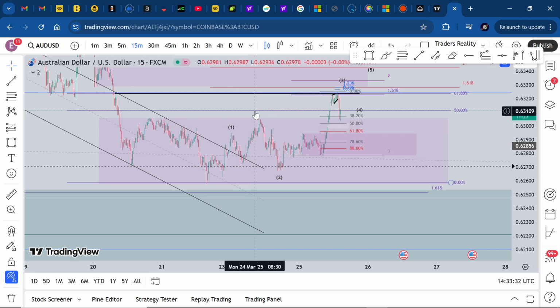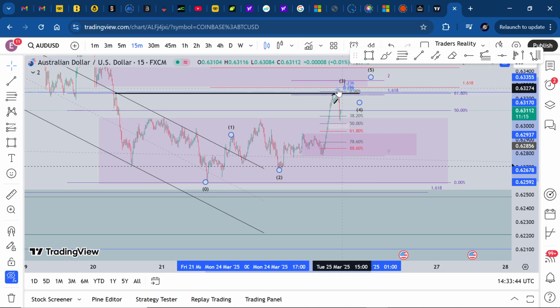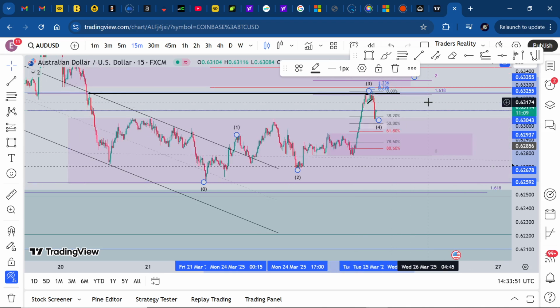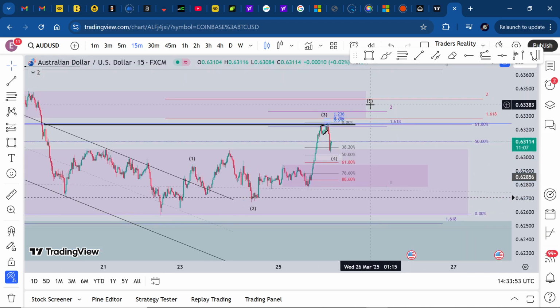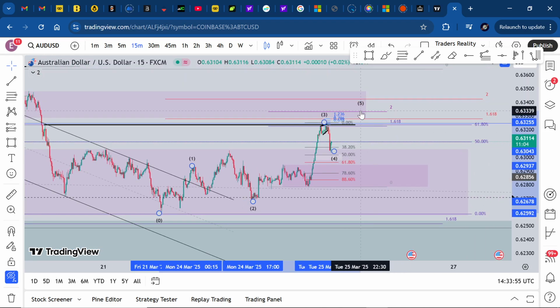And now we've got a high, a higher low, a higher high, higher low. I'm expecting it to form and then go get a higher high. This will be my 3. This will be my 4. 5 over there. You see how it lines up nicely with the fair value gap.